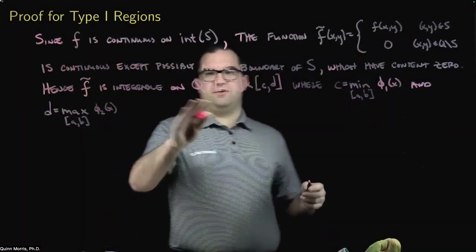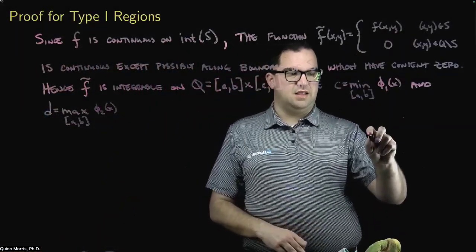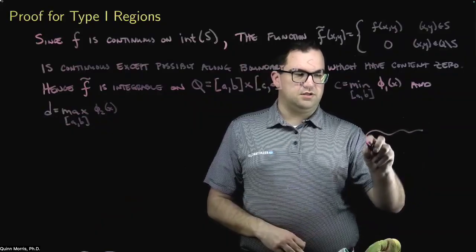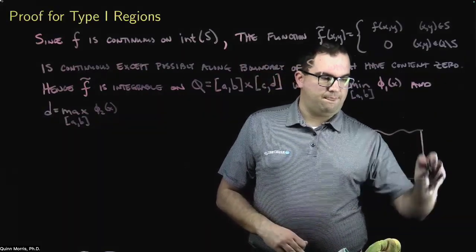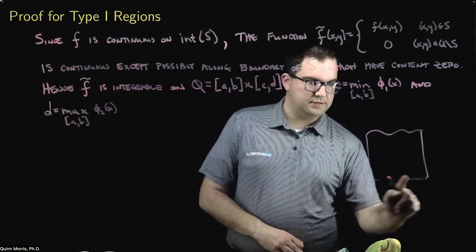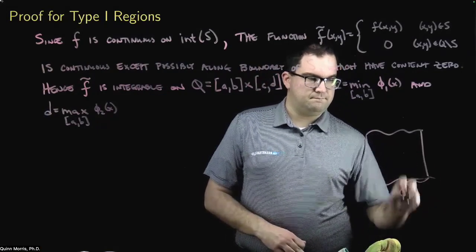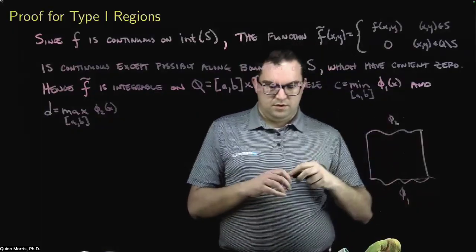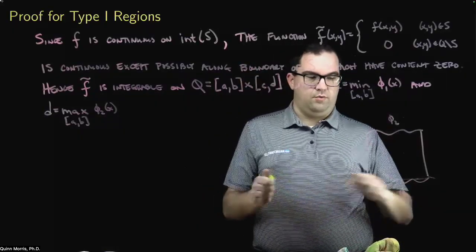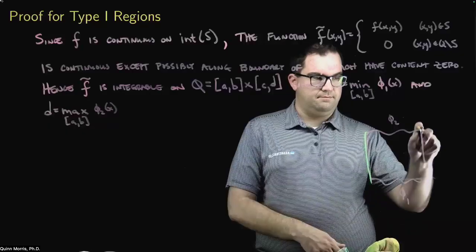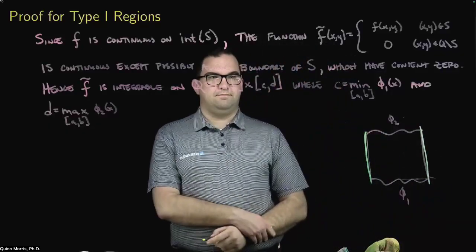So here's the idea. I'm trying to define this rectangle that S lies inside of. I know S looks like this. This bottom part is a function. To define this rectangle, I can still just use a and b on the sides.